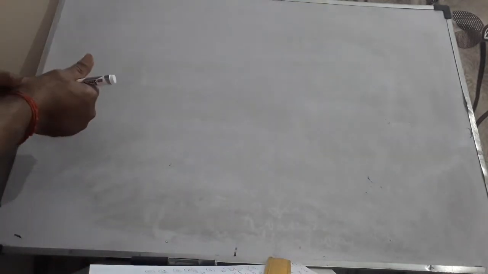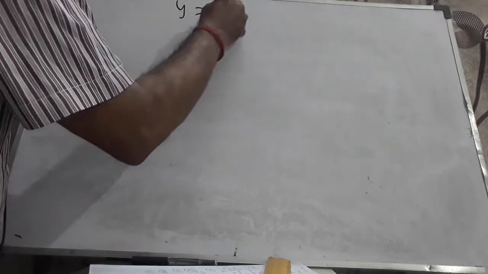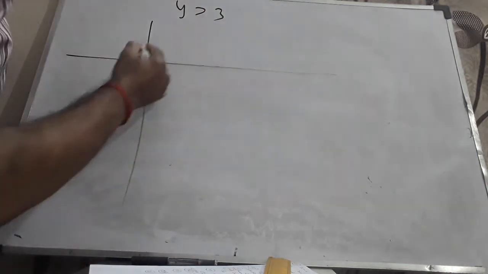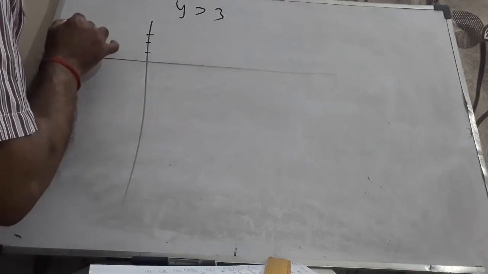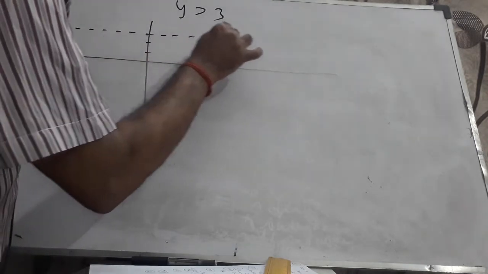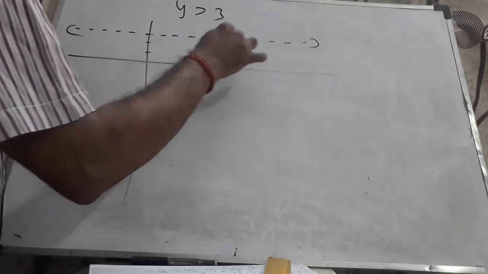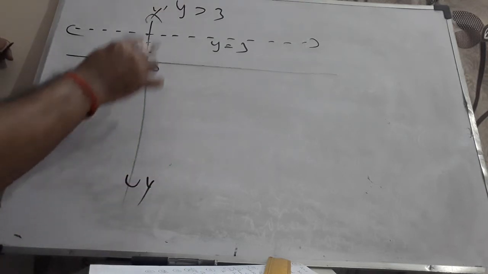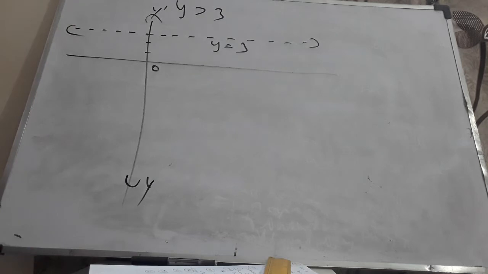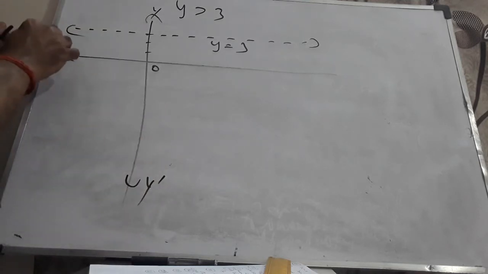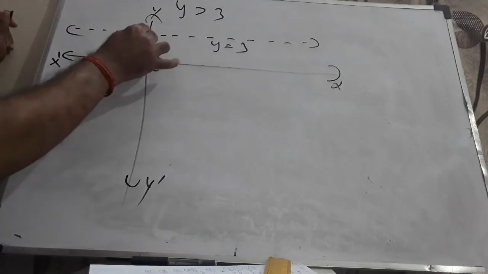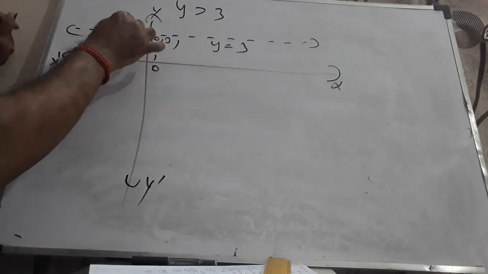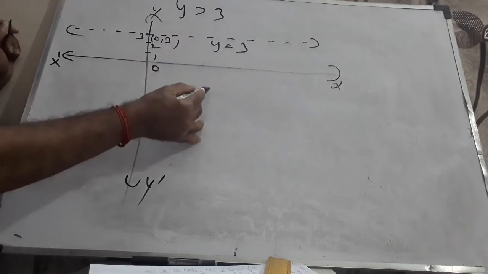Okay, next sum goes like this: y greater than 3. Just see here. Now 1, 2, 3. Let me draw y is equal to 3. y is equal to 3 is the straight line passing through (0, 3) and parallel to the x-axis.